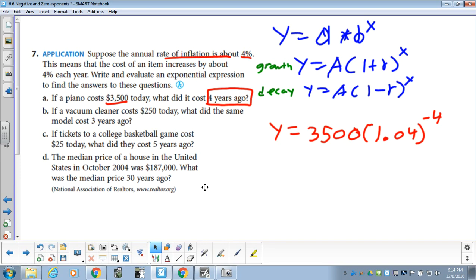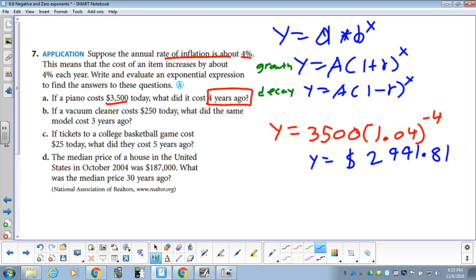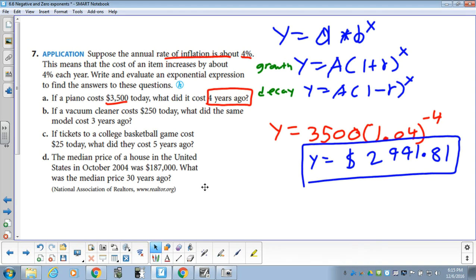We can't have a negative exponent. We learned about that. And we get that y equals, and this of course will be in dollars, $2,991.81. That's how we do it. Notice how when we talk about years ago, we have a negative exponent.